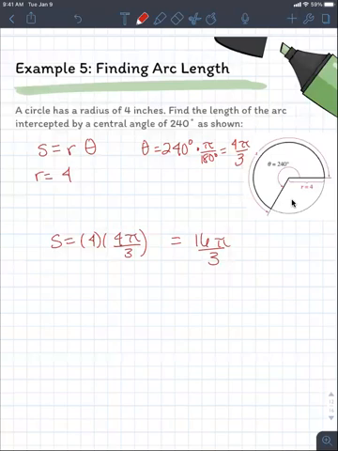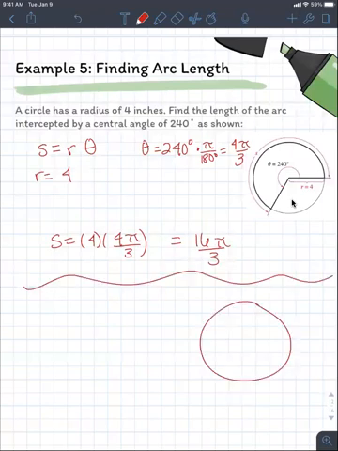Do you want to practice one? Let's go with 60 degrees and a radius of 5.